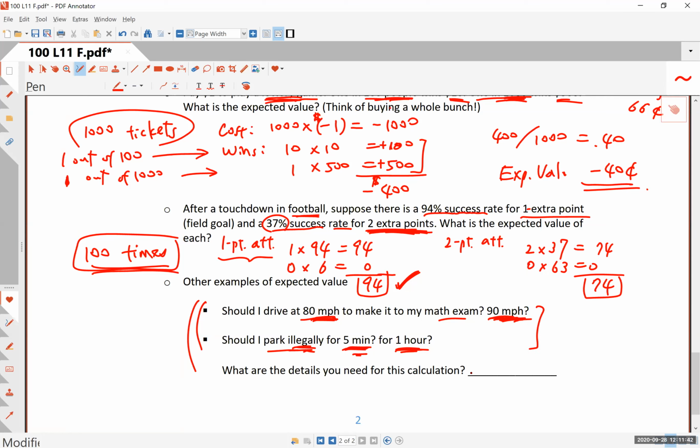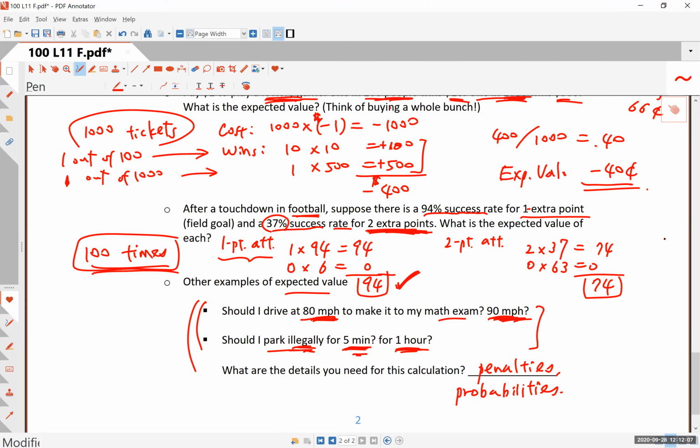Government knows that, policymakers know that. That's why they want to have a heavy penalty for something serious, right? Because that would cause the expected value to change. What details do you need for this calculation? The penalties, and then the probability of being caught. These are the things you need to know in order to do these calculations.